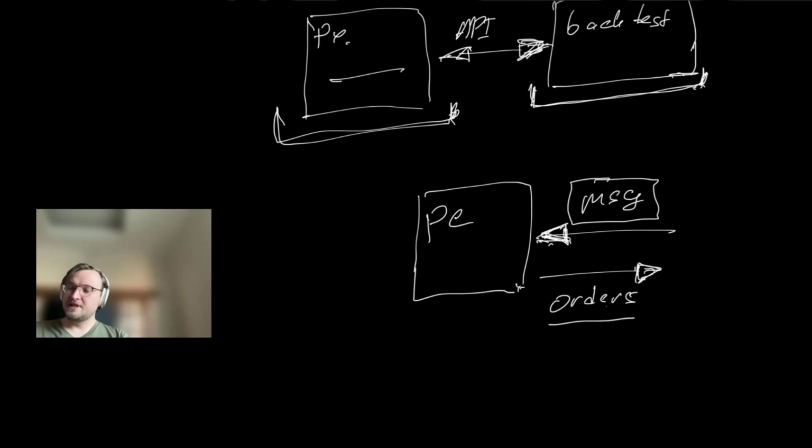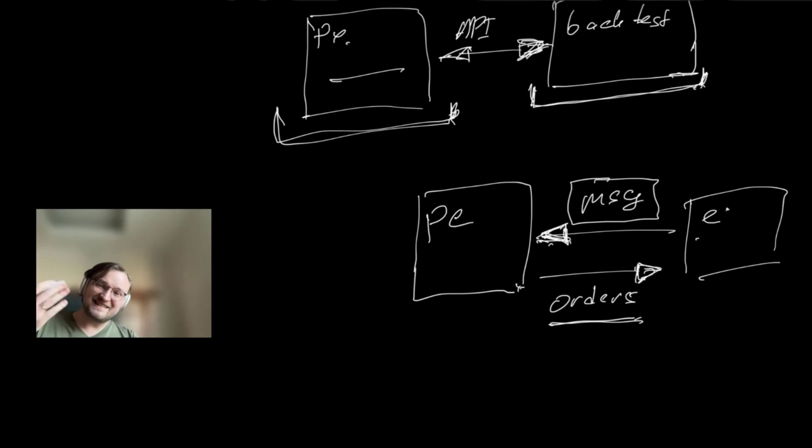Let's say it's an exchange. It sends some orders like: I want to buy, I want to sell, I want to cancel all my orders, what are my positions, and so on. This is how it works on a big scale of things, right?